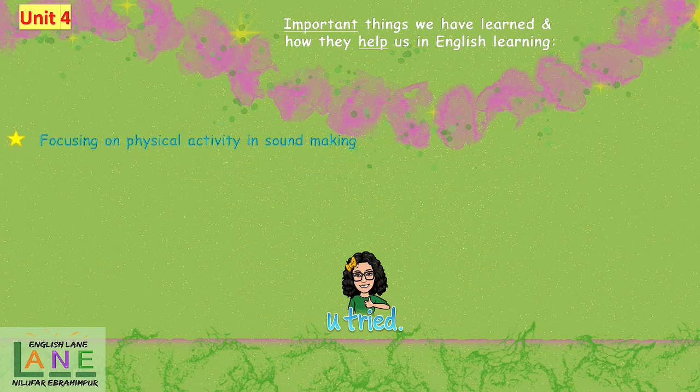The first one, we have been focusing on physical activity in sound making, which is so important. Pronunciation happens in your body, and when you focus on your mouth and the changes you need to make in your tongue, lips, and jaw to make a sound, and you feel it and you try to be very accurate, make a sound longer, where you should put your tongue down or back, or maybe you need to make your lips neutral or spread them.